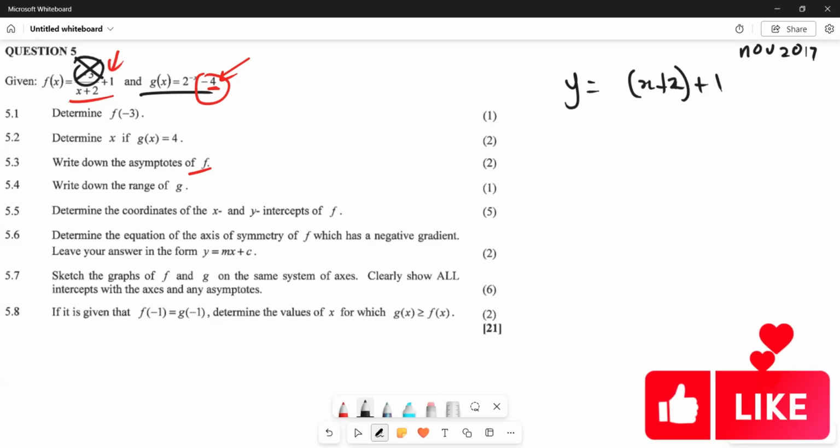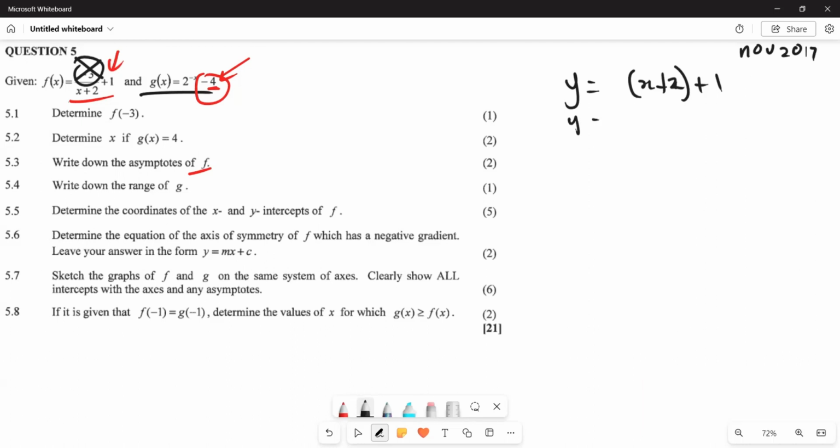So since this has a negative gradient, this y is going to be negative into x plus 2, then plus 1, right? Because this must have a negative gradient. So this is the same as negative x, -2 plus 1, which means this is going to be the same as what?